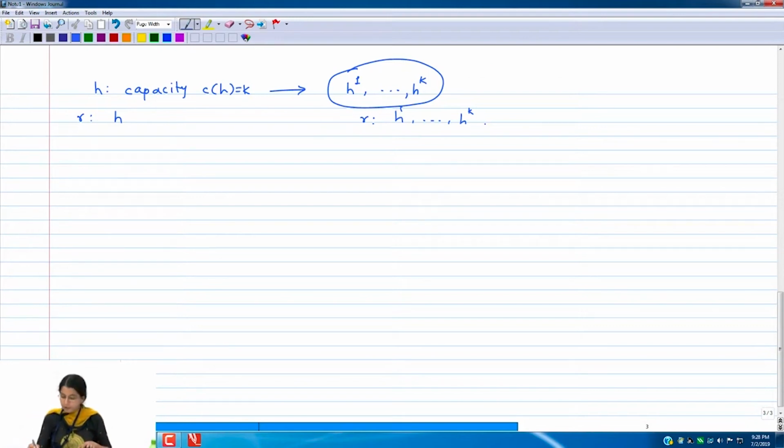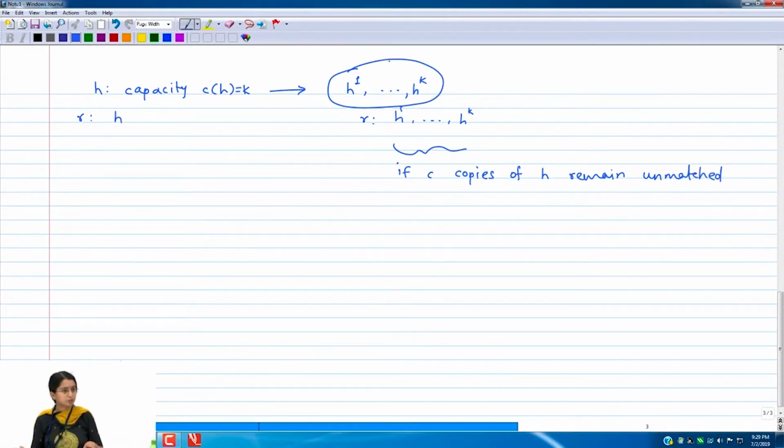So naturally if CH many copies of H remain unmatched, this should be the case in every stable matching here because we have the 1-to-1 setting now. Is the 1-to-1 setting clear, what we did? We just made CH many copies of every hospital.